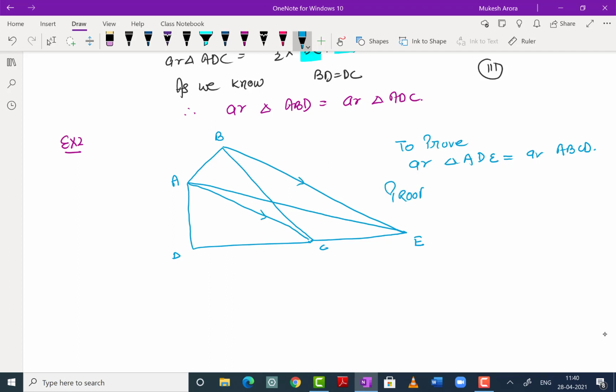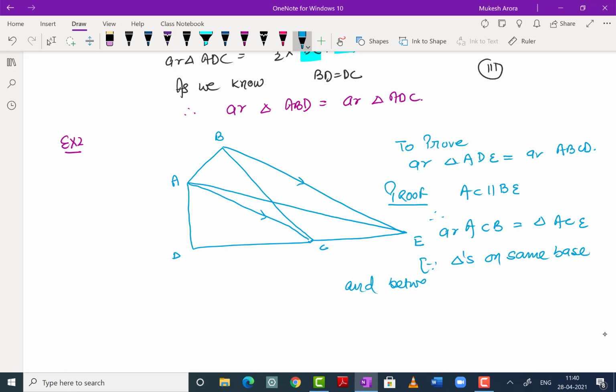Proof: AC is parallel to BE. Therefore, area of triangle ACB is equal to area of triangle ACE, triangles on same base and between same parallel lines. Adding area ADC both sides.